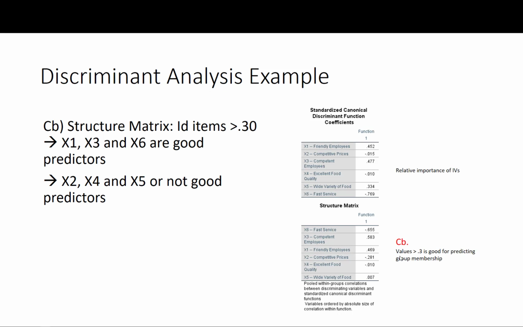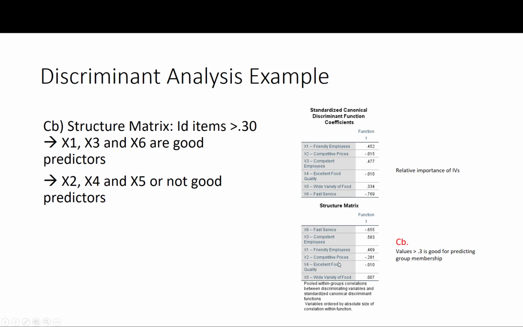I don't know, goodness is not the best phrase, but it's what it's doing. So any value that is more than 0.3 on your structure matrix indicates that that variable is good at predicting group membership. So if we look at our list here, we can say that X6, and this is in either direction, it could be negative or positive, it doesn't matter. So fast service X6 is above 0.3, X3 is, and X1 is.